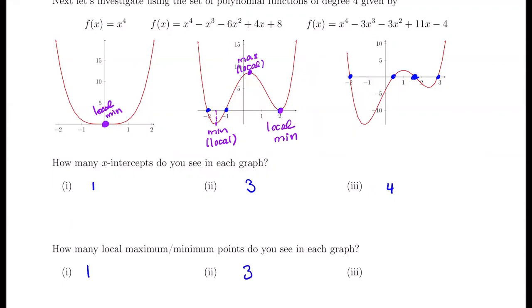And then in the third graph, we could also see that this point over here is your absolute minimum. Here's a maximum. And here's a local min. So how many maximums and minimums do we see? We only see 3 of them.